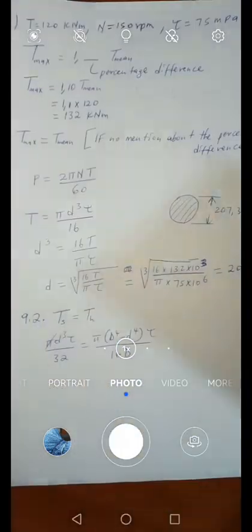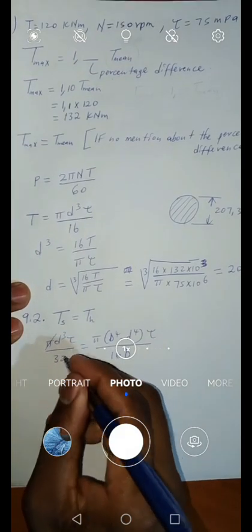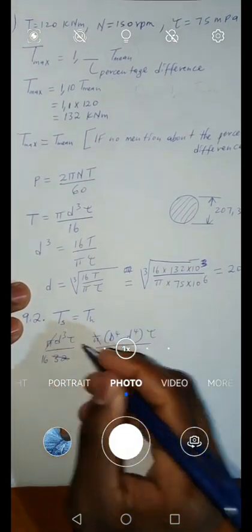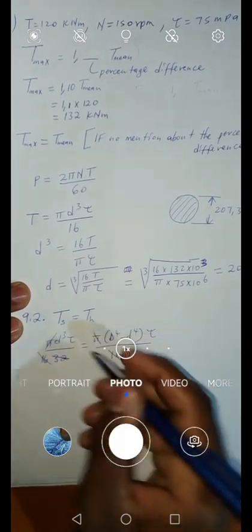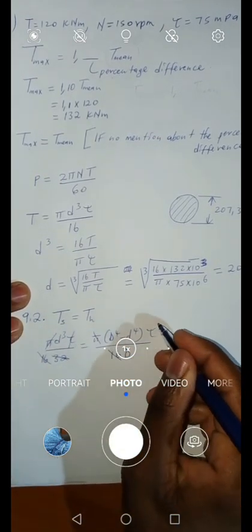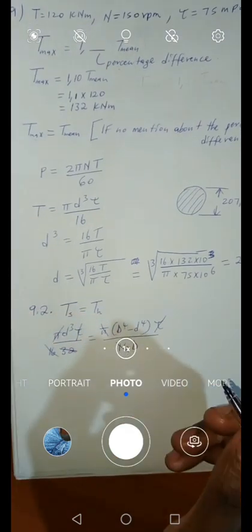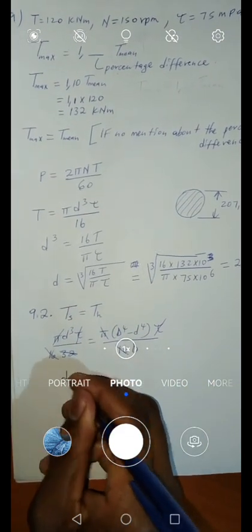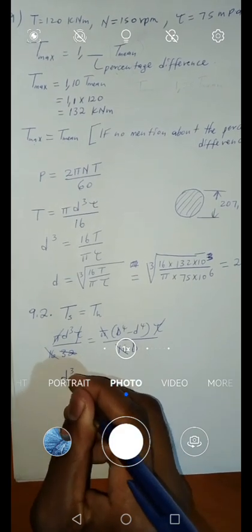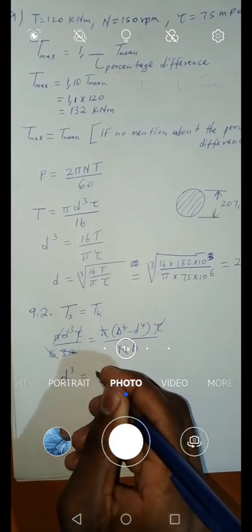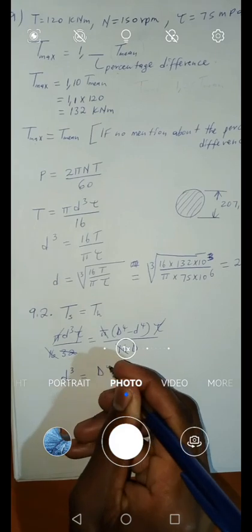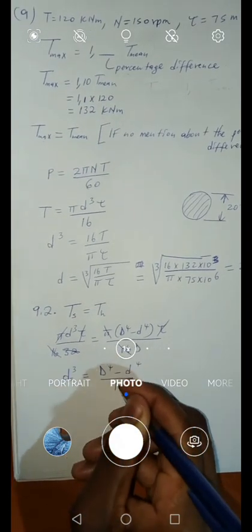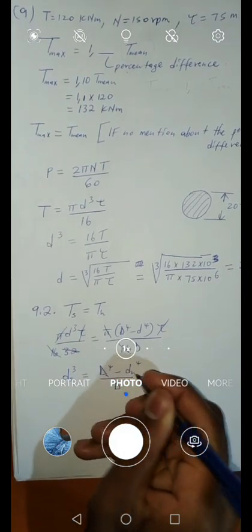Sorry, so here it will be 16. Pi divides pi, 16 divides 16. Shear stress is the same, divides shear stress. Then you will remain with d to the power 3 for the solid shaft equals D to the power 4 minus d to the power 4, over this. Hollow shaft.